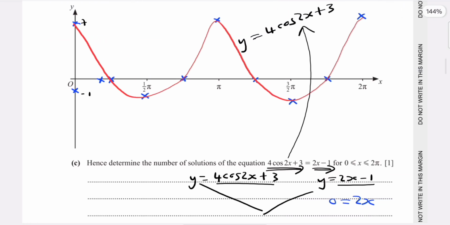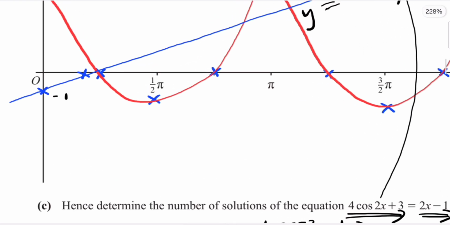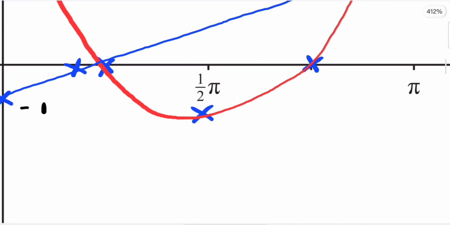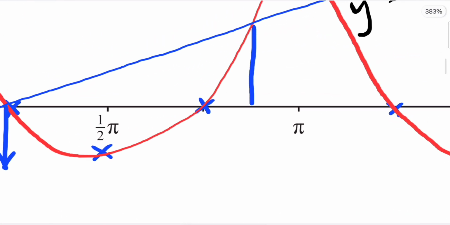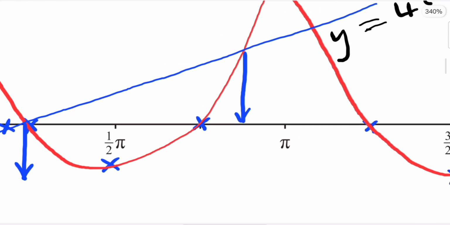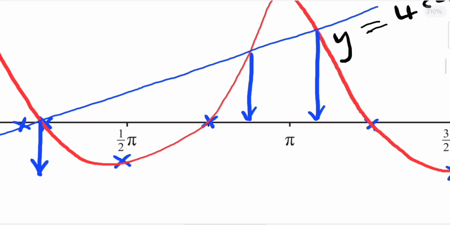So now drawing that line, we have something that looks like this, right? And now looking at this, it crosses the curve here, and here, right?